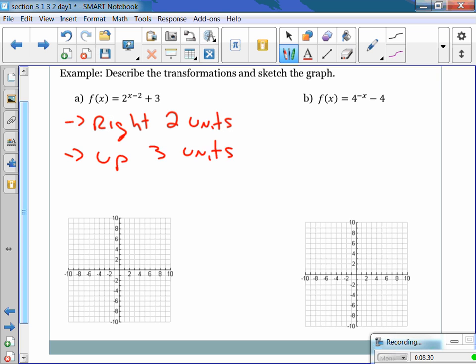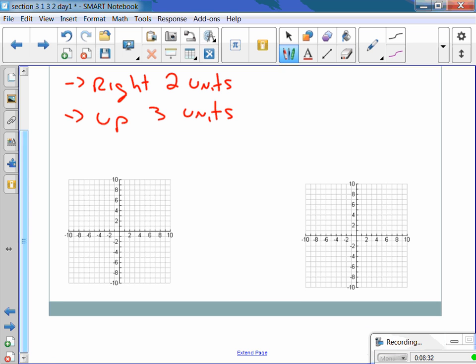So where originally was my asymptote? y equals 0. If all my points went up 3 units, what else went up 3 units? That asymptote. So I now have my asymptote at y equals 3.